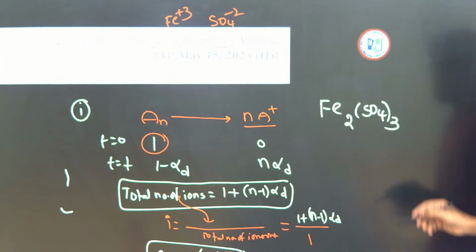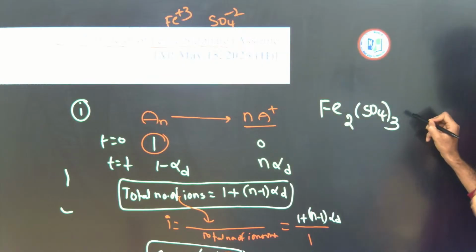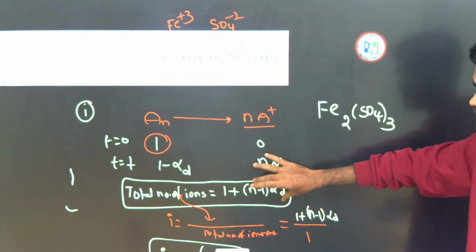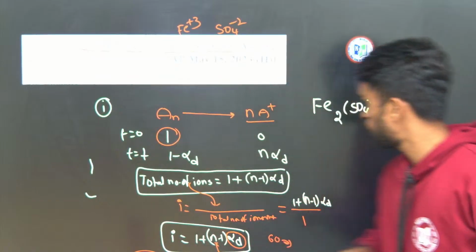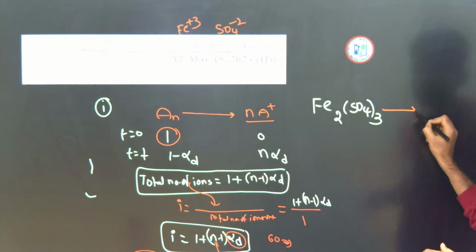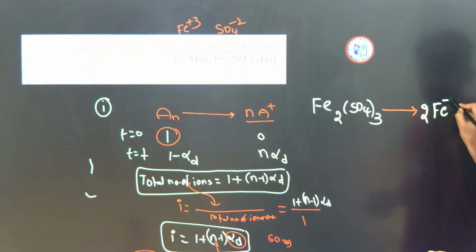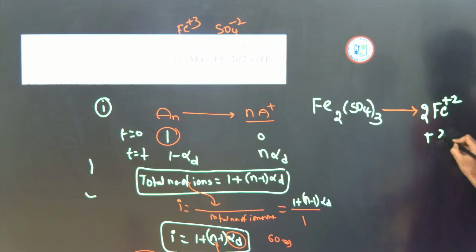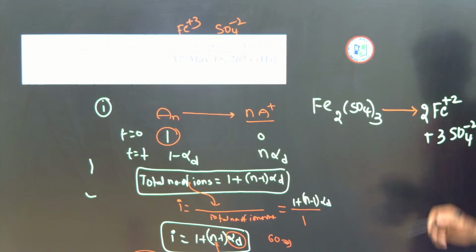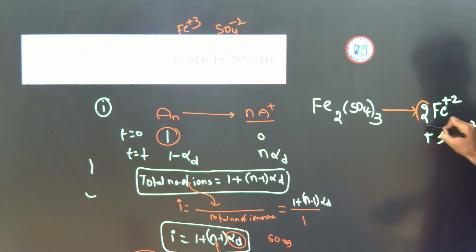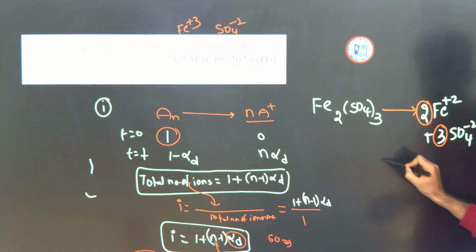So now what happens, tell me, if I place this in the aqueous medium, water? It will undergo dissociation to form ions. So what are the ions produced here? 2 Fe 3+ ions and 3 sulfate ions, SO4 2- ions. So tell me the total number of ions formed. 2 plus 3, so the number of ions formed will be 5. Okay.